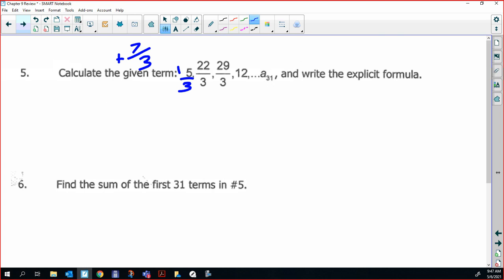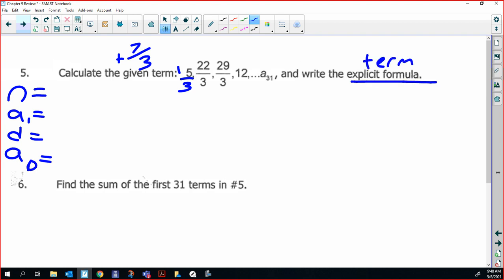So for the arithmetic sequences, we talked about the 4 first variables that you need. We do not know n because we're trying to write the formula for the term. Explicit formula means term formula. So we do not know n. We do know a1 is 5, or you could say 15 over 3 if you wanted to, but that's weird.